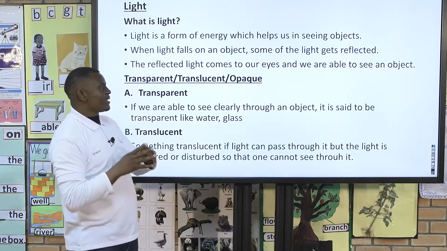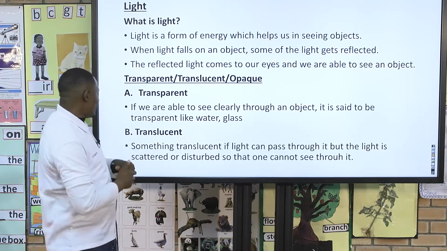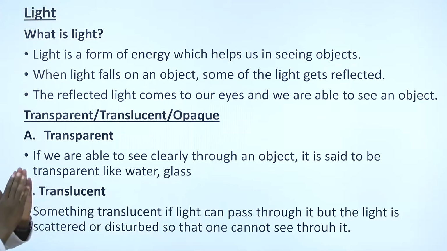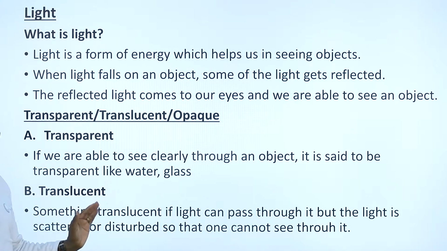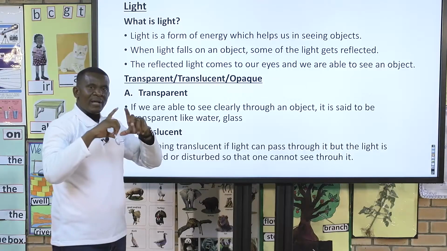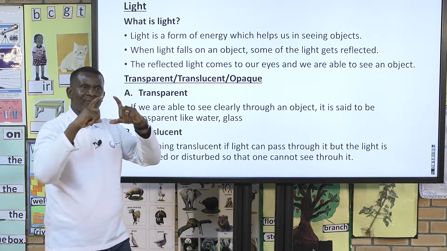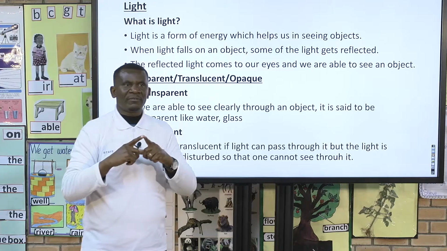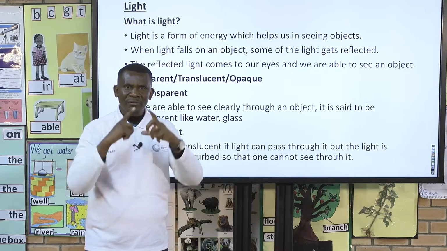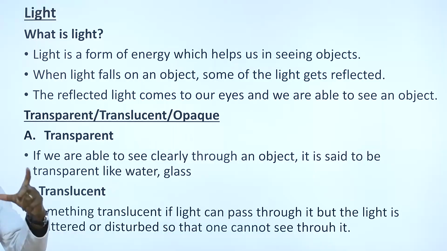In other words, the light is disturbed. So this type of material is called translucent. A material like the glass for the bathroom window pane is called translucent.